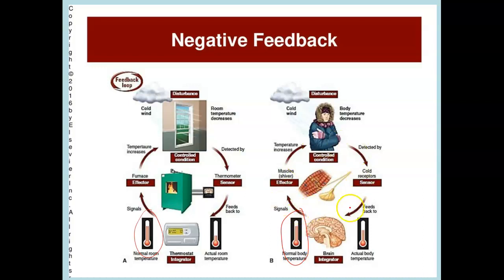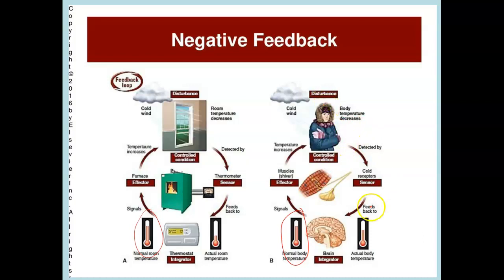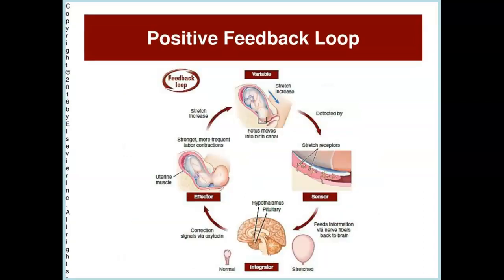So you shiver until you warm up. Once you warm up, you stop shivering. Every time you haven't hit that normal body temperature, you cycle back through. It's called negative feedback because you have a negative change that's occurring and your brain is correcting that.